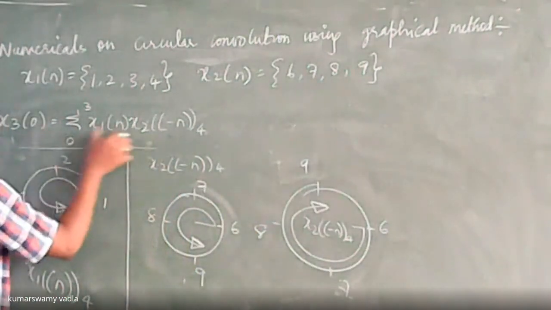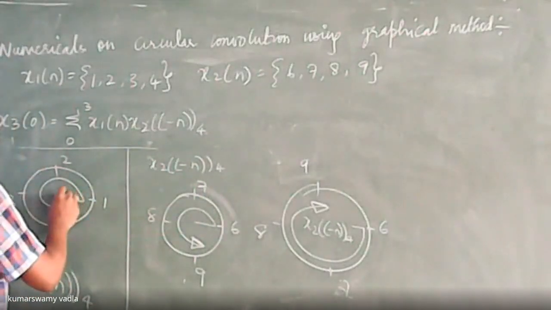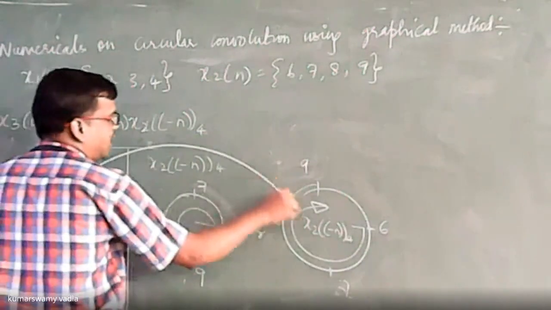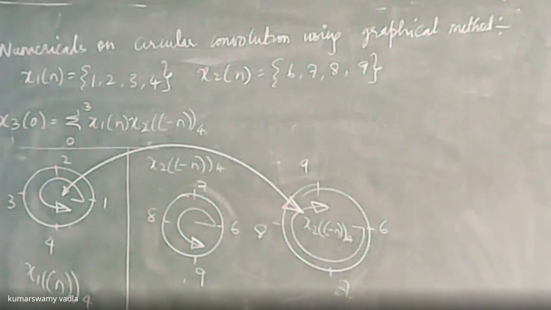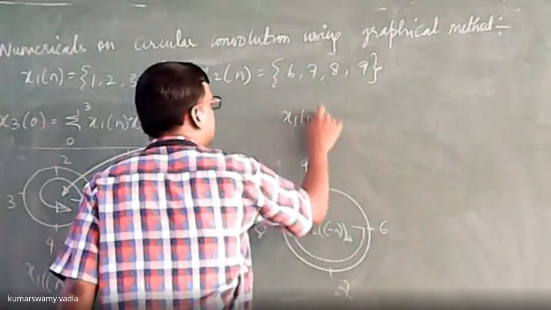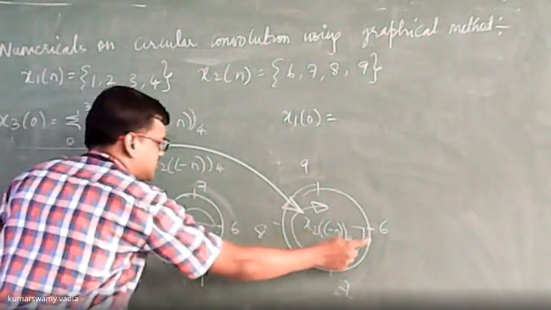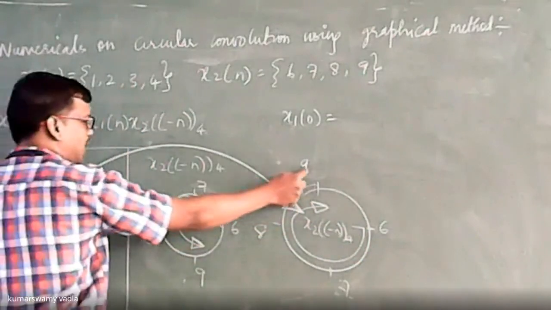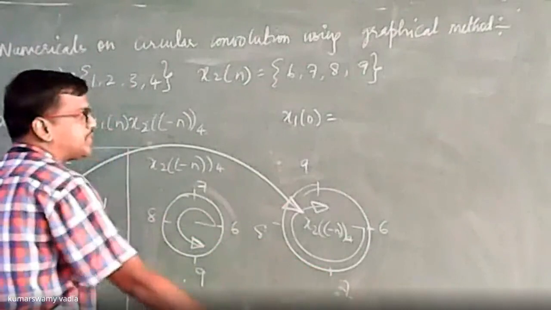Now, I should convolve these two, which means I should multiply in all the directions. That is, I should multiply x1 of n with x2 of minus n modulo 4. These two things. How will I get here? x3 of 0 is equal to, friends, look onto the board: 1 into 6, then 2 into 9, 3 into 8, 4 into 7.